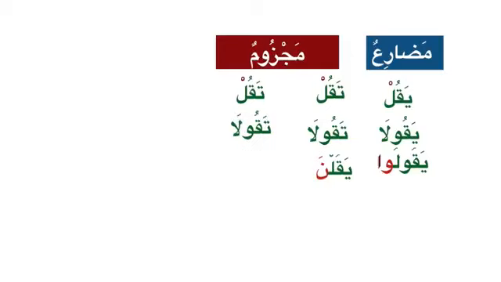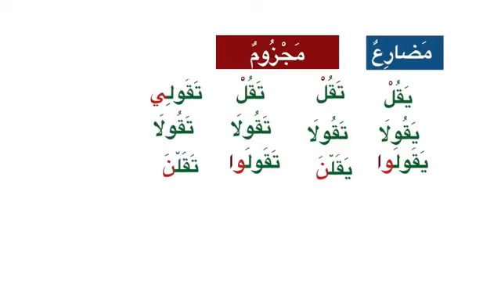So yaqulu, again majzumun bi hadafi noon, taqul, taqula, yaqulna will remain mabni, taqul, taqula, taqulu, taquli, taqula, and taqulna. Ana aqul, nahnu naqul. So this is the mudari' in majzoom, how it is constructed for the weak letter ajwaf.